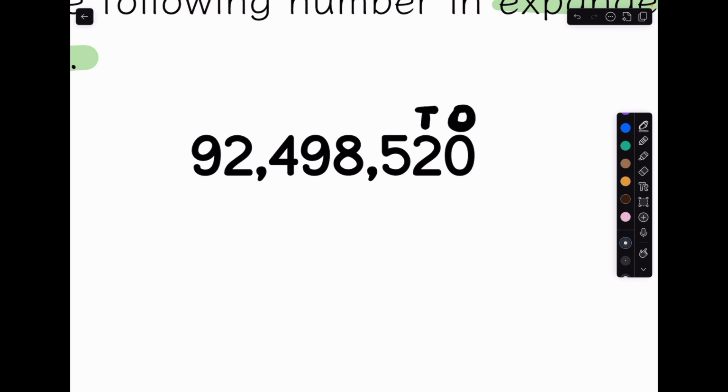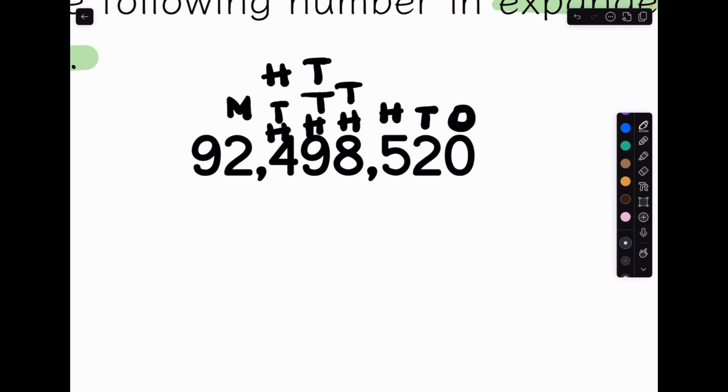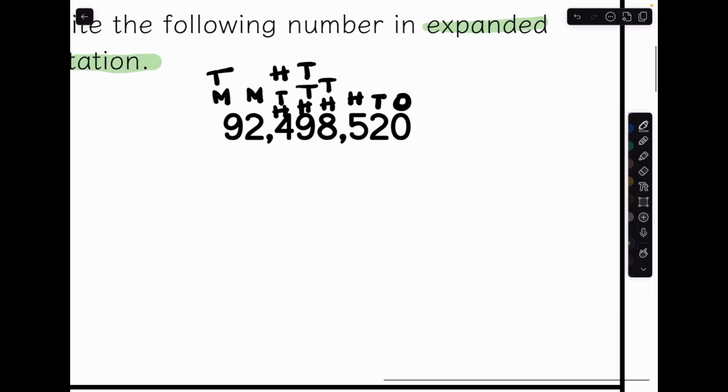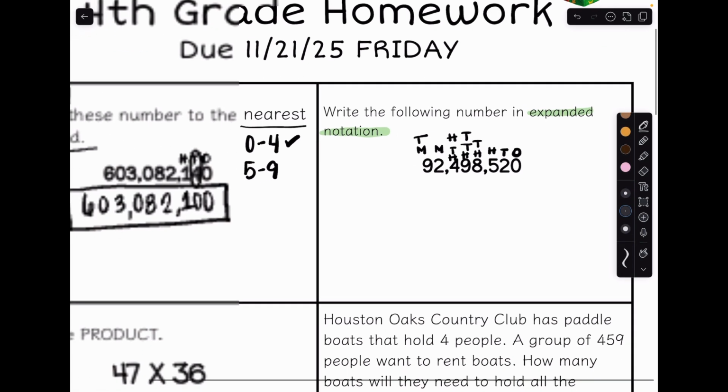Ones, tens, hundreds, thousands, 10,000, 100,000, million, 10 million. All right. And then let me make my pen a little bit smaller because we're going to have a lot to write.